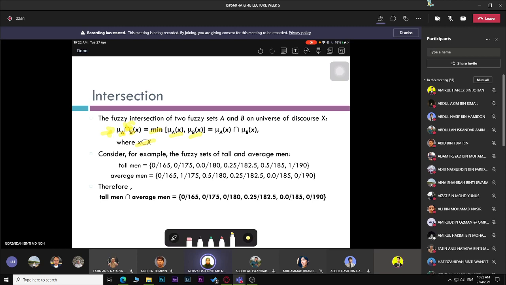Alright, the example here gives two sets, tall man and average man, with elements 165, 175, 180, 182.5, 185 and 190. The elements are the same in both sets. What is the intersection of tall man and average man? We take the minimum degree of membership.